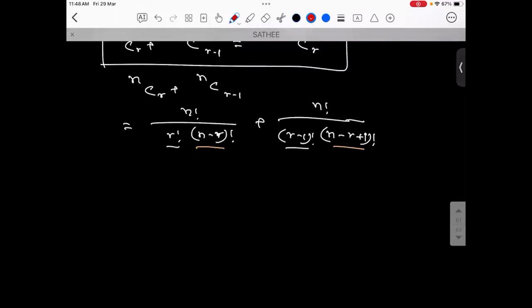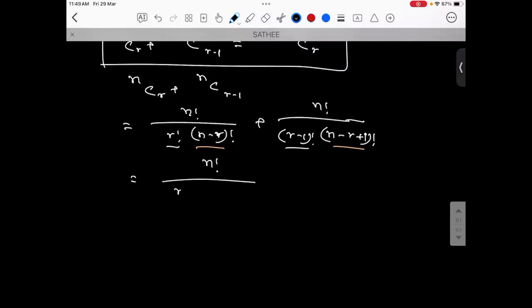So here I can write like this. n factorial divided by r factorial can be written, I am just trying to get these terms here. How can we obtain that?